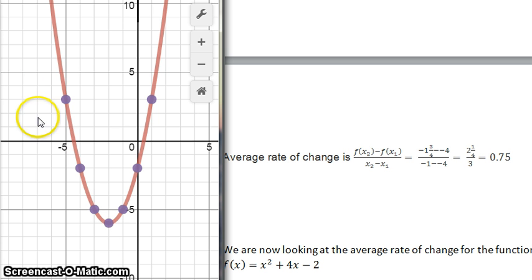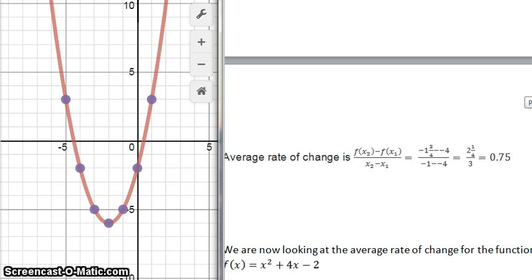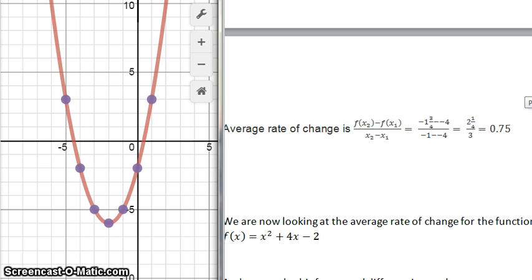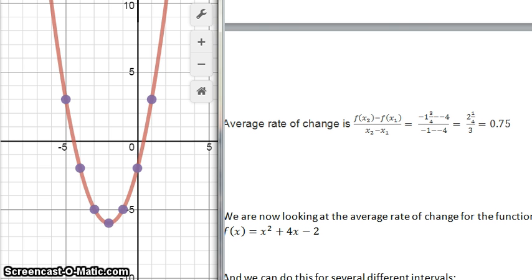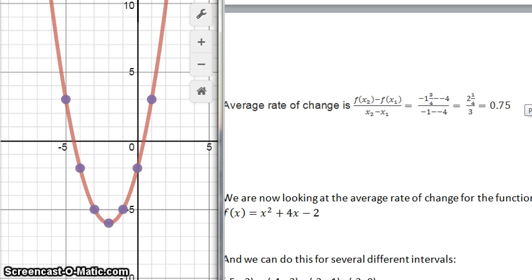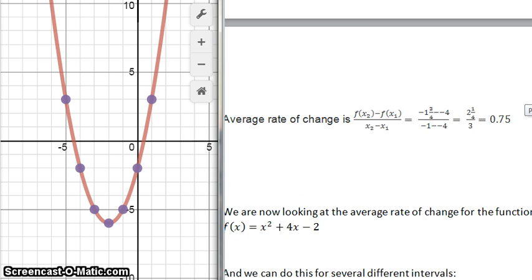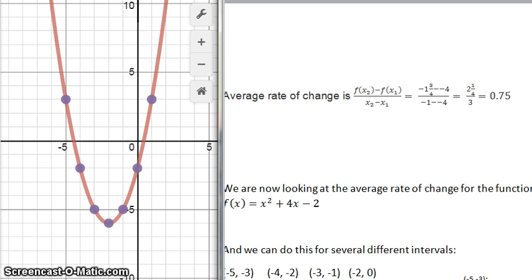You see here I've already plotted a couple of points, and these are important for the intervals that we're going to do. For every function you can do a million different intervals, and even with the points just graphed here on the left, we can do a lot of intervals. But we're just going to look at these intervals.